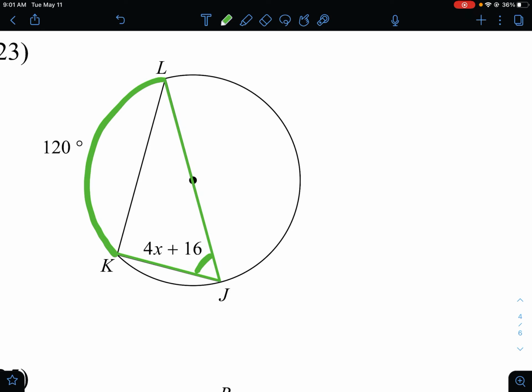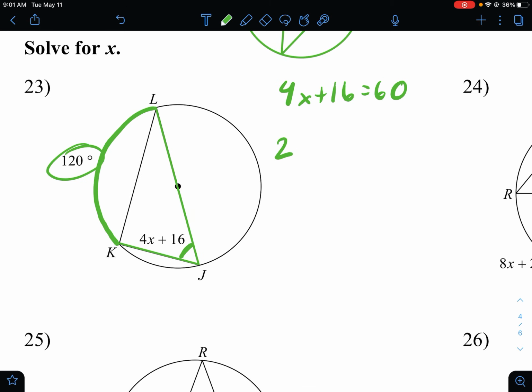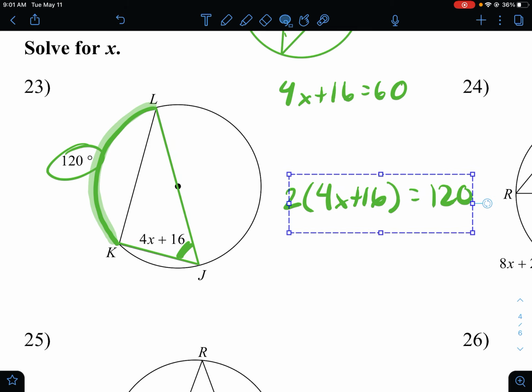We know that the measure of this angle is half that of the arc, so we could divide that by 2 and say, well, this angle measure is going to be 60, right? And we could set this equal to 60. Or we could say, well, 2 of these angle measures equals 1 of these arcs. So we could do 2 times 4x plus 16 equals 120, right? Because 2 of these equals 1 of these. So we should get the same answer when we solve both of these. So let's try it out.